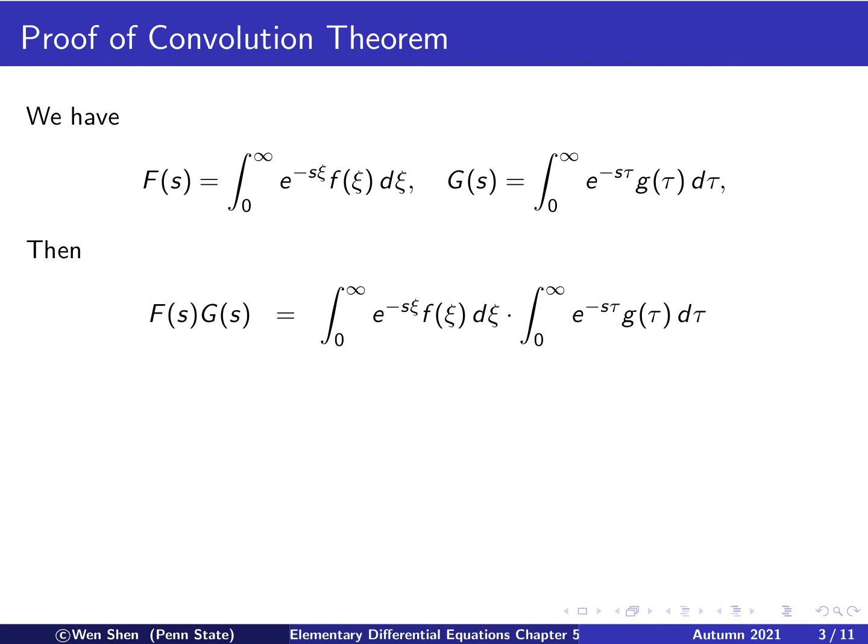And then we see that capital F times capital G now simply equals this integral here, which is capital F, times this integral here, which is just capital G of s. Then we can rewrite the product of the two integrals into the integral of the product.